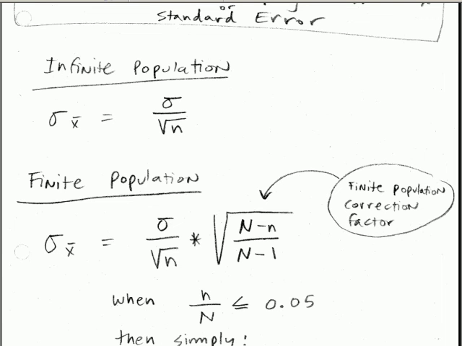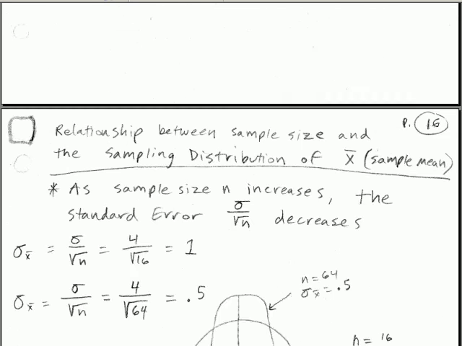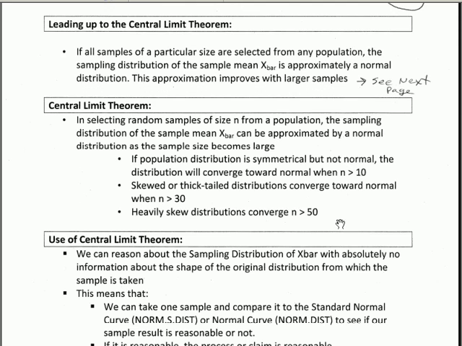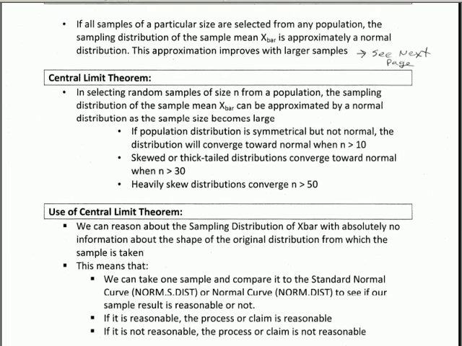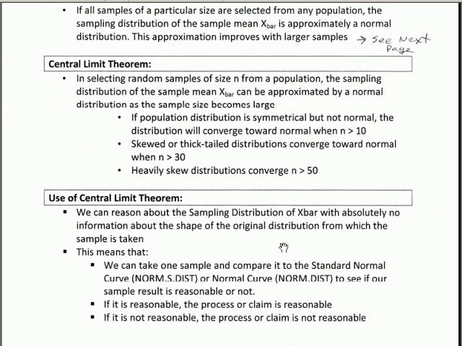All right, the last thing we want to go to is page 20. And the long and short of this video, sampling distribution of Xbar and the central limit theorem: this all will allow us to reason about the sampling distribution of Xbar with absolutely no information about the shape of the original distribution from which the sample is taken.